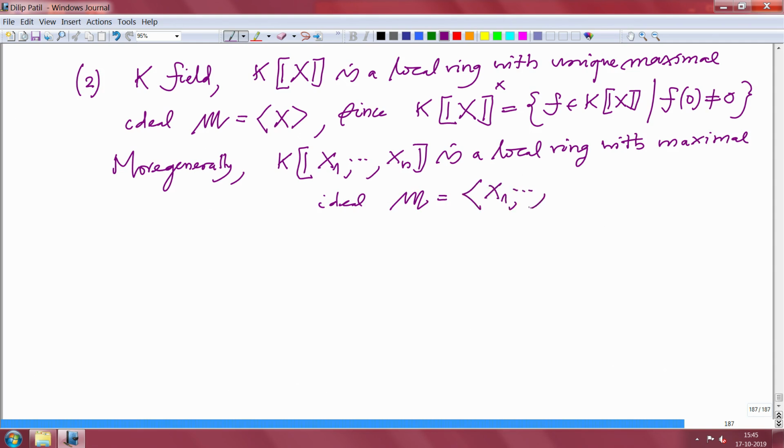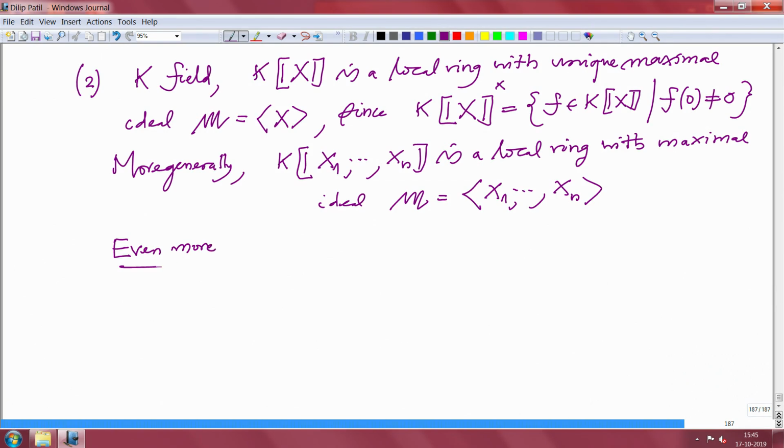Again the same explanation: a power series in several variables is a unit if and only if the constant term of that power series is a non-zero element in the field. And again nothing special about a field.